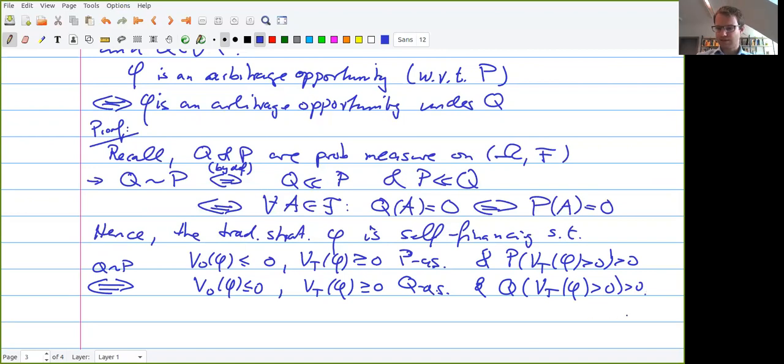So this is, again, not super hard. So here we are. We can reformulate the notion of arbitrage opportunity with respect to P now with each equivalent measure Q.